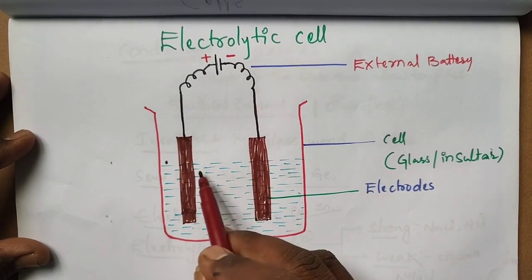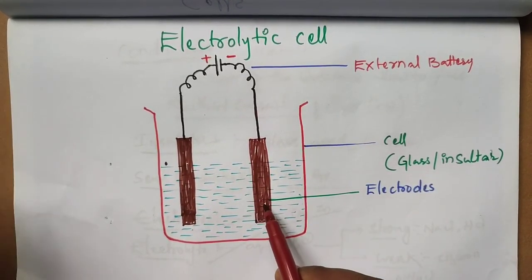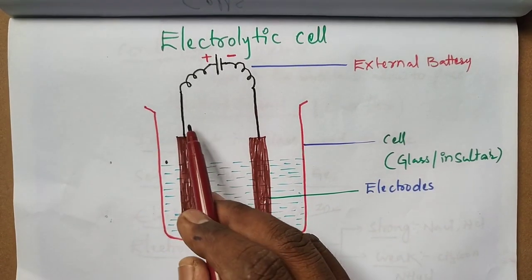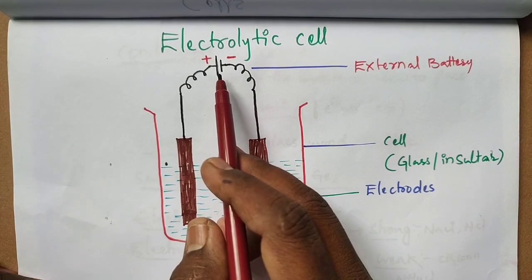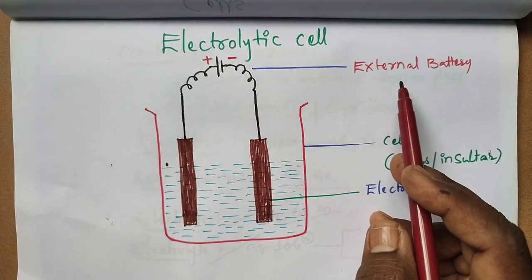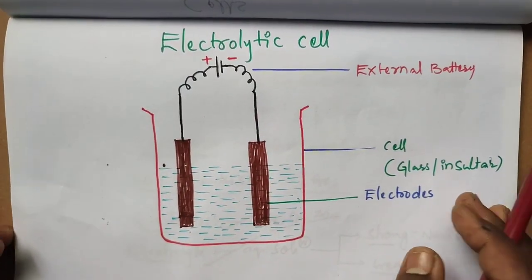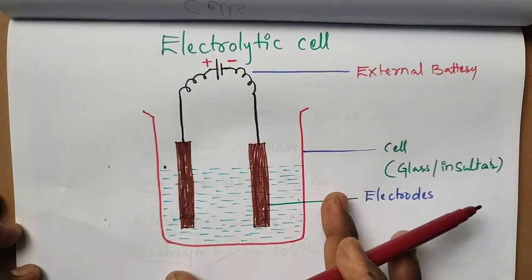These are called electrodes, and these electrodes are made with metals. Both are connected to an external battery, that means to electricity. So this is the structure of the electrolytic cell.